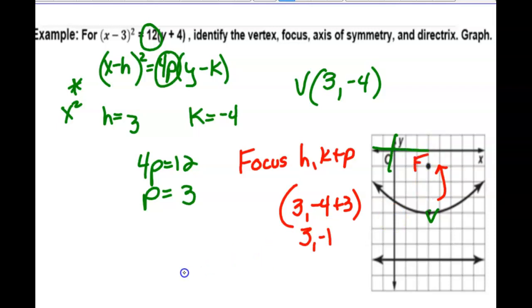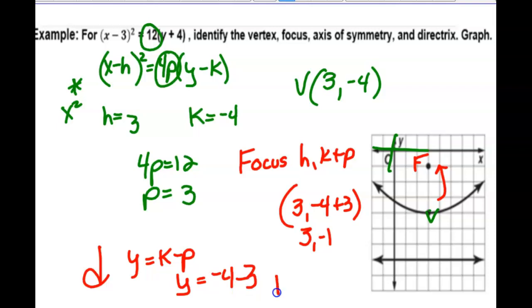The directrix is a line that is behind or underneath the parabola by the same distance p. So it's 3 units below this. The equation for the directrix when it opens this way is y equals k, which was -4, minus p, which was 3. So we get y equals -7.